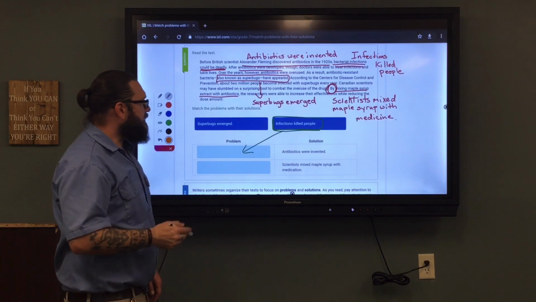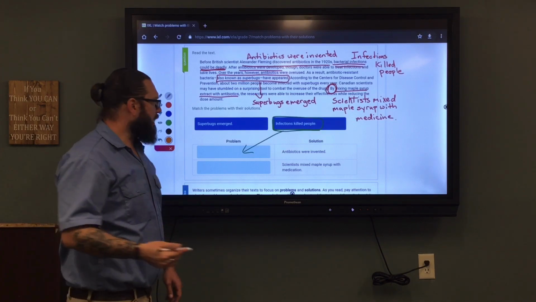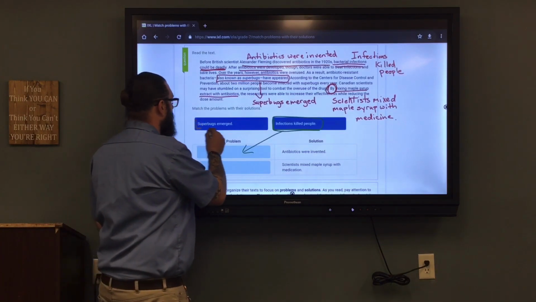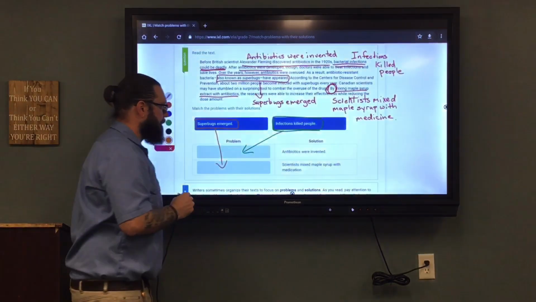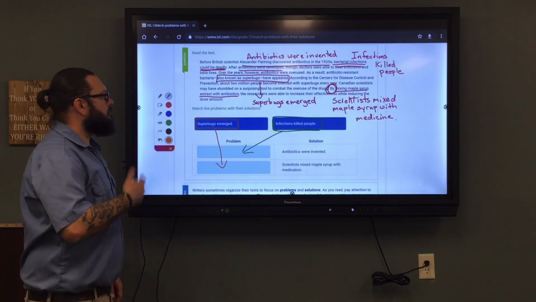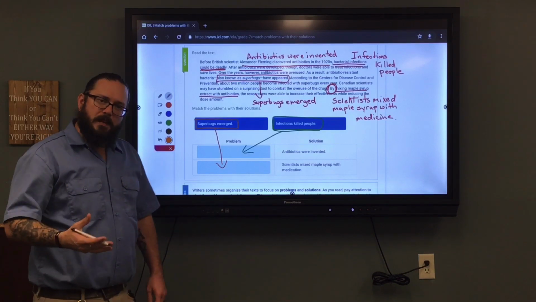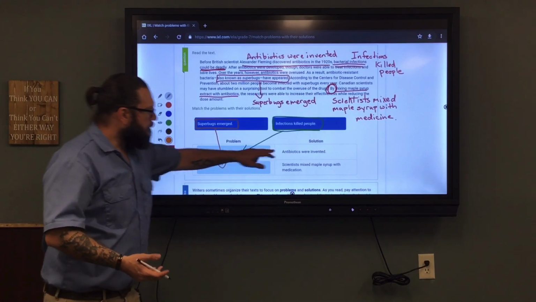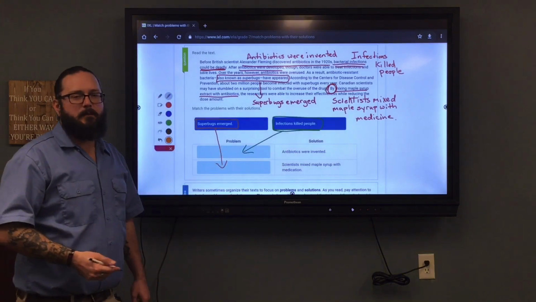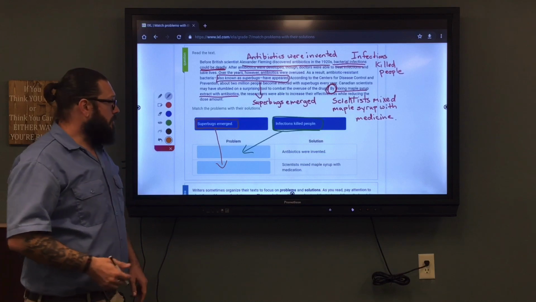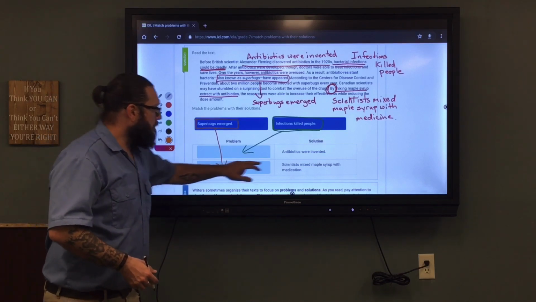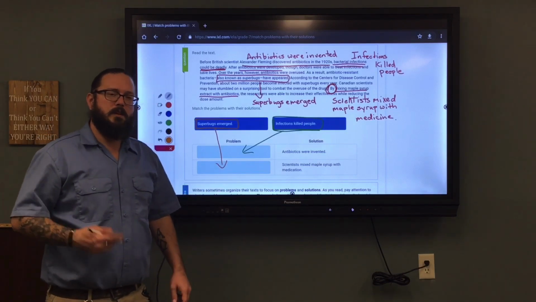And then scientists mixed maple syrup with medication as a result of the emergence of superbugs. So, since infections kill people, that was a problem. Science came up with antibiotics. Superbugs emerge, so scientists mix maple syrup with medication.